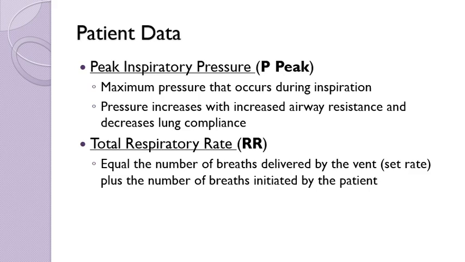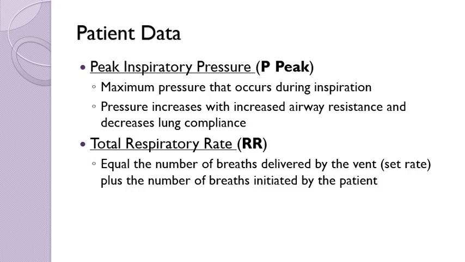So we've talked a couple of times about what's called peak inspiratory pressure, or it's P-peak on a ventilator. What P-peak is, and this is so important in ARDS, it's the maximum pressure that occurs during inspiration. So what the vent does is it's measuring how much pressure it's taking to push a breath into those lungs.